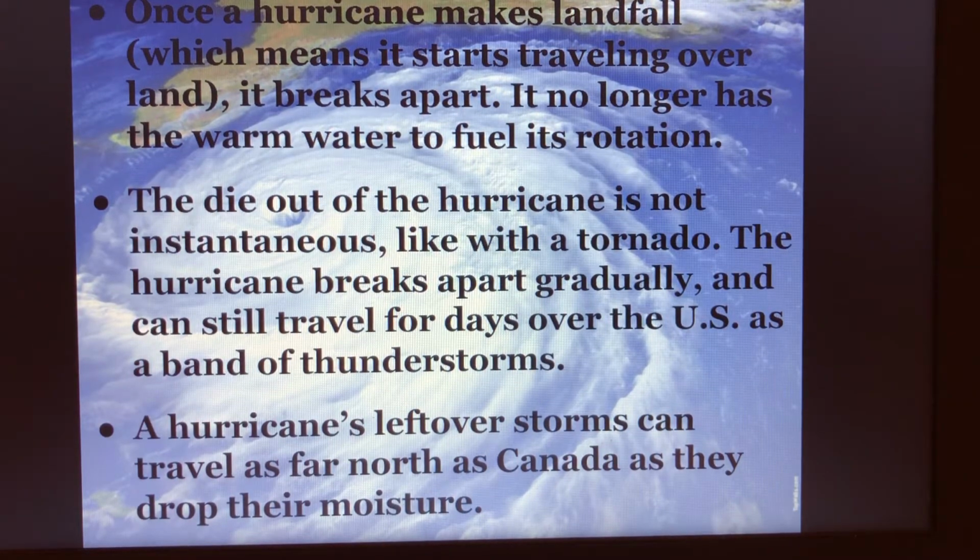A hurricane breaks apart gradually, and it'll still travel for days over the U.S. as a big band of thunderstorms. And tornadoes can even break out from these if it's a heavy enough band. A hurricane's leftover storms can travel as far north as Canada to drop all their moisture.